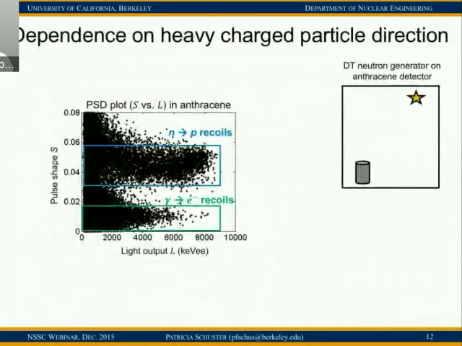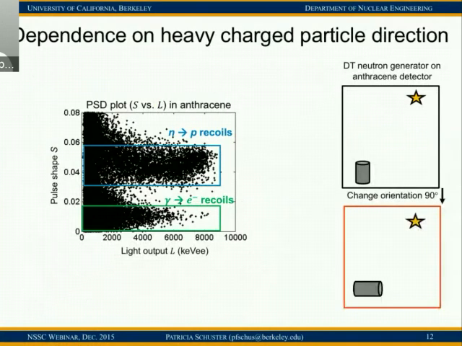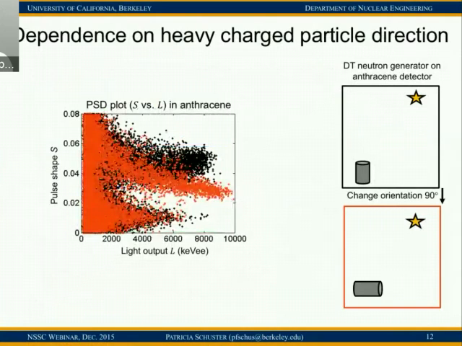Now moving on to the measurements that I've made to characterize the directional dependence. I'll start with neutron measurements. This is the same distribution I showed you before, just now as a simple 2D scatter plot. This was taken with the little star being my source and the little cylinder being my detector. If I change the direction of my detector with respect to the source, I see a very different distribution.